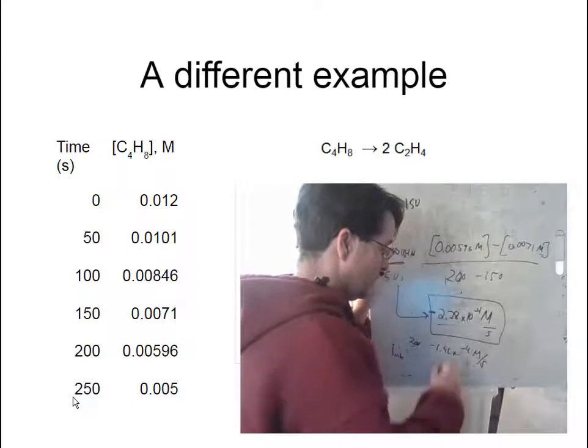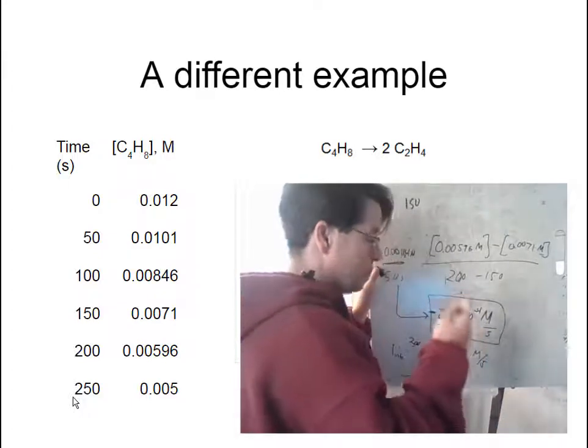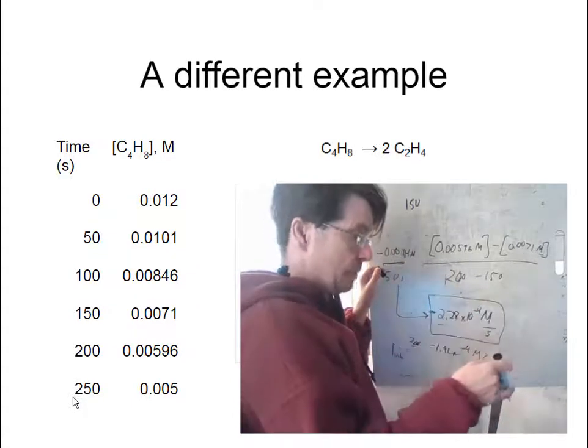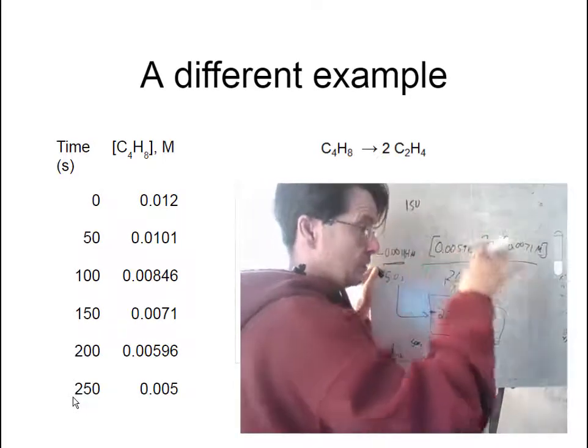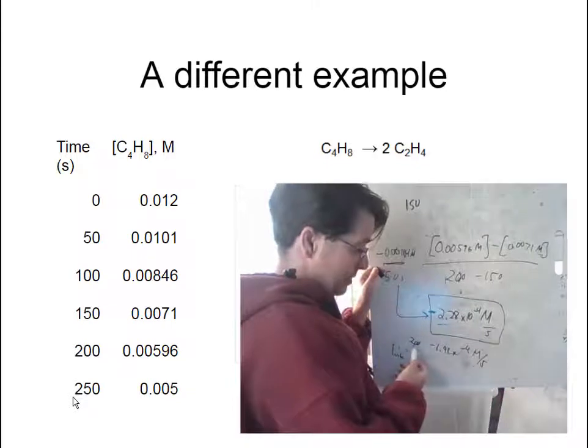Well, which is the rate? Well, again, the rate is specific to a moment within the reaction. The rate starts high and slowly decreases in time. This is exactly what we see.